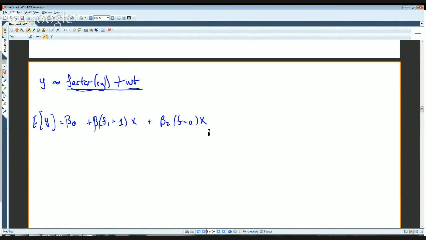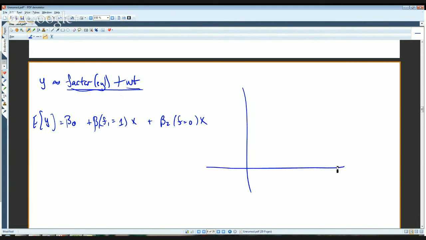And it turns out, so what does this model mean, right? So if factor 1 equals 1, this model is fine, but here's the issue.